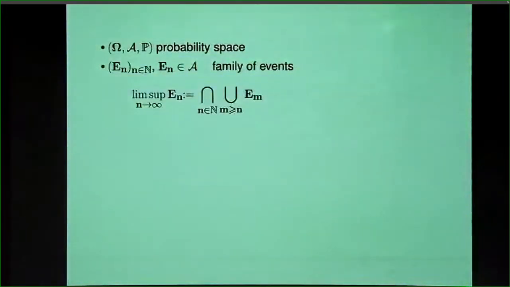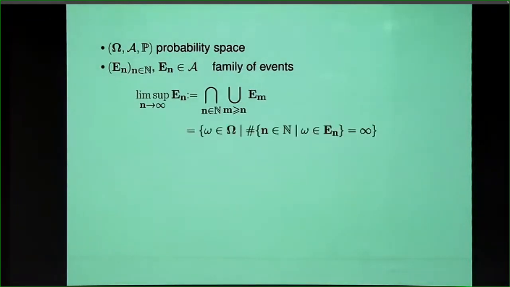First of all, we start with the most elementary things. We have a probability space and a sequence of events, and then of course we know that the limit superior is just the set of all omegas which are in infinitely many of the E_n.